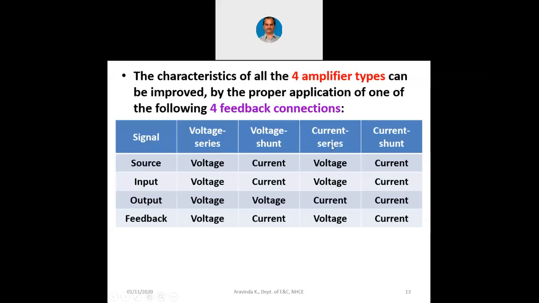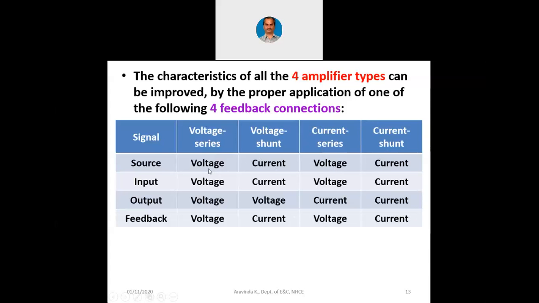Now coming to the third one, current series. In this case, output is current, but the input, as it was a series connection, it was voltage. So source is voltage, input is voltage, feedback is voltage, but output is current. But in case of current shunt, even at the input we had a current source only, so everything is current here.